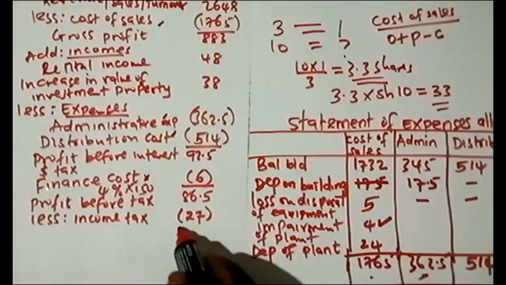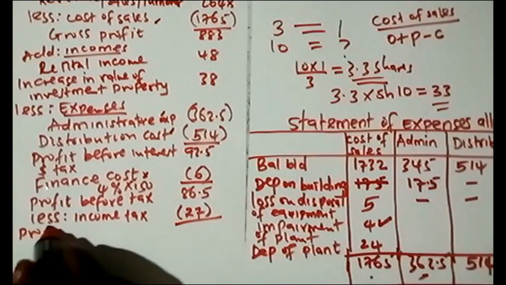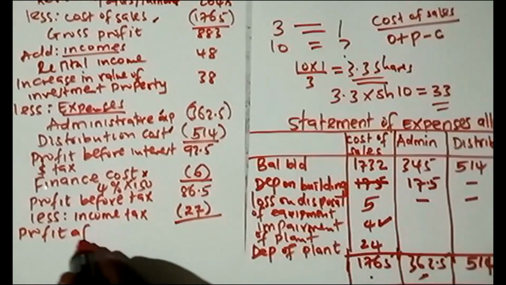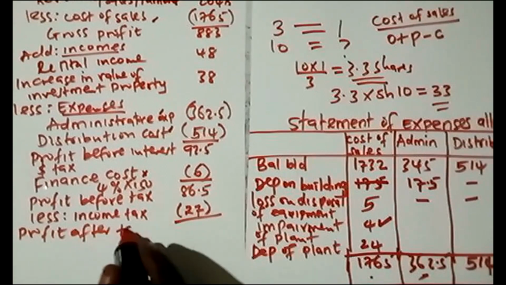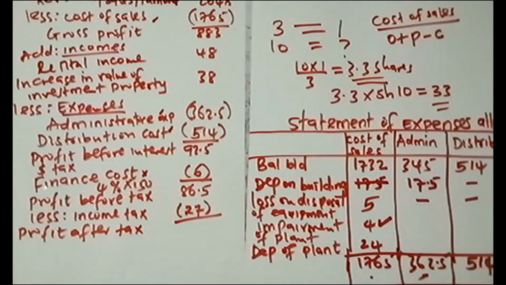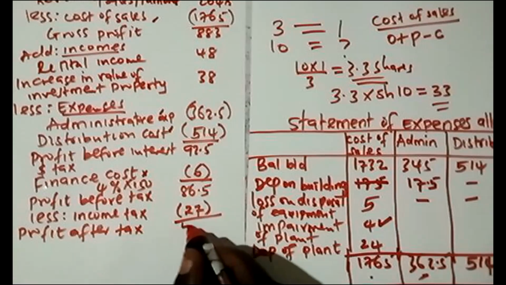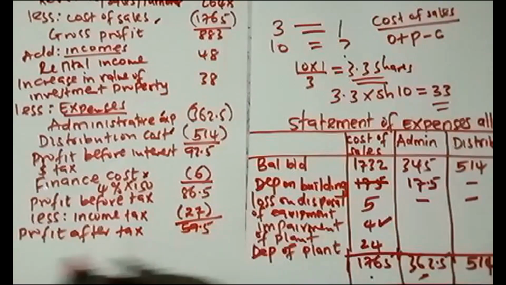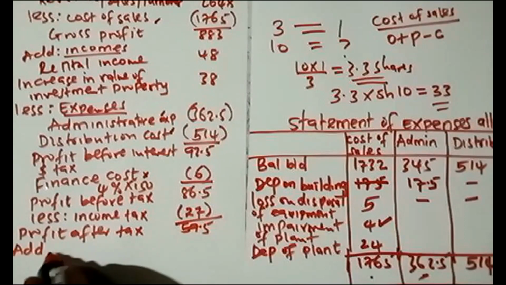So up to that point, we have the profit after tax of 59.5. Then add other comprehensive income.